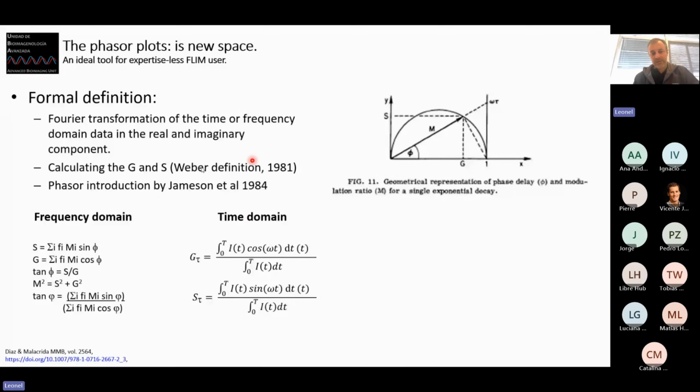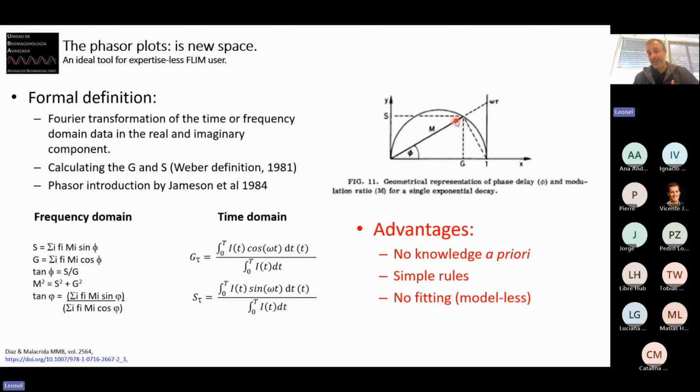And since the beginning, this transformation, this normalized Fourier transformation, enables you to put the fluorescence lifetime in a vector that gives you information about what is going on in your sample: if you have a single exponential, a multi-exponential, a reaction in the excited state, etc.